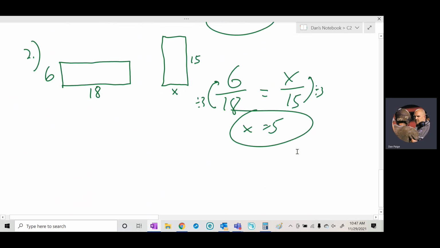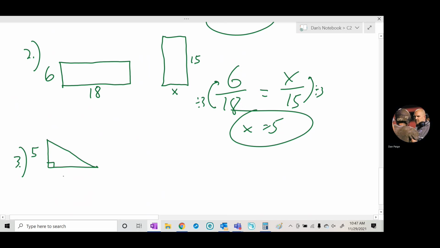All right, we've got one more tricky one to do. And this is like a super fun double problem. So we're going to have this 5. Hey, less emotional reactions out of you. Just take the notes. 5, 12, and 13 is one triangle.